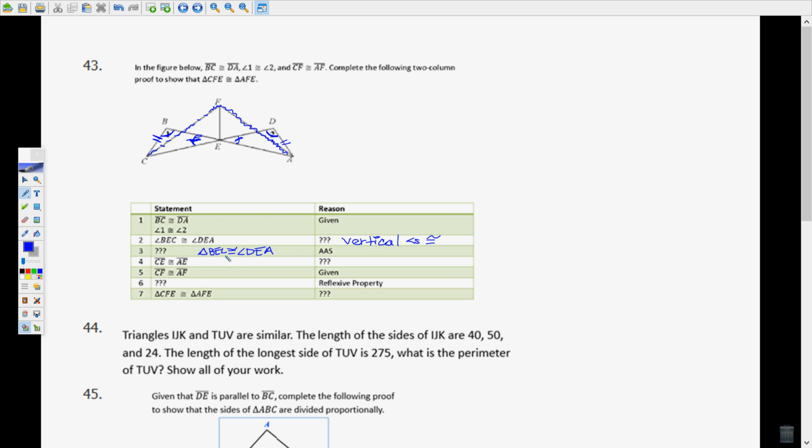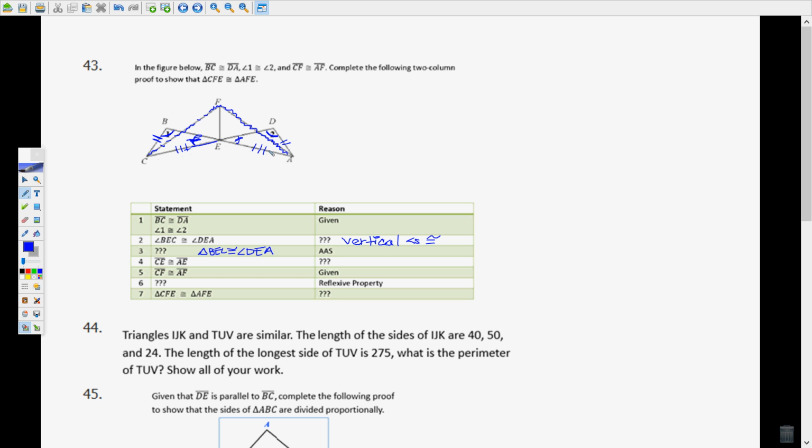So after that, remember what I said when we were going through the other problems in class. Usually after you prove triangles congruent, the next step will be what? Can you remember? I'll give you a second. This says CE is congruent to EA, and those are corresponding parts of congruent triangles.